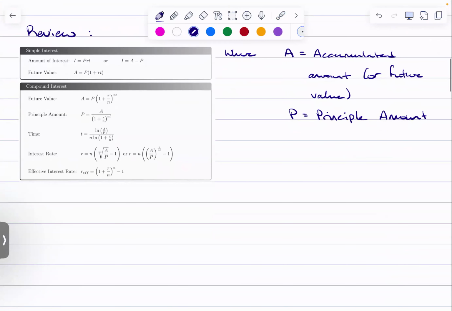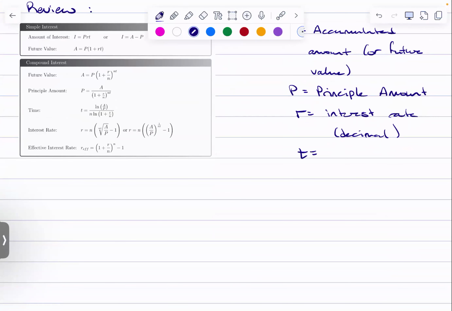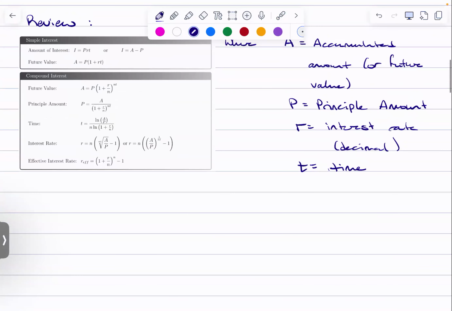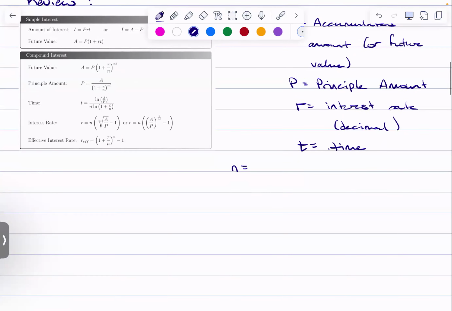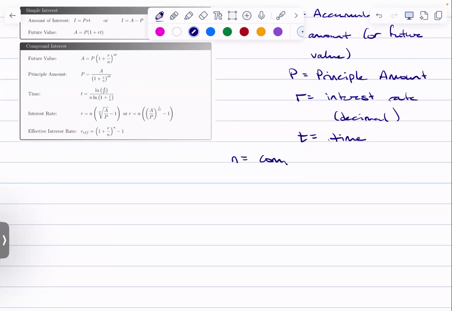You have your R, which is the interest rate as a decimal. You have T, which is the time. Now, the interest rate and the time have to match, right? And then finally, N is the compounding frequency.